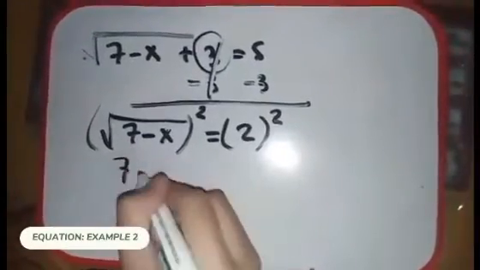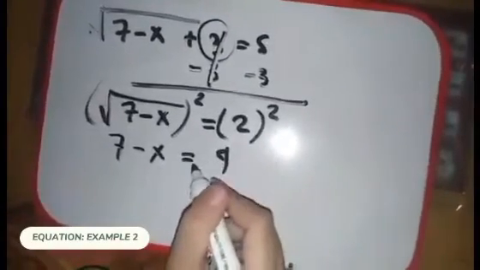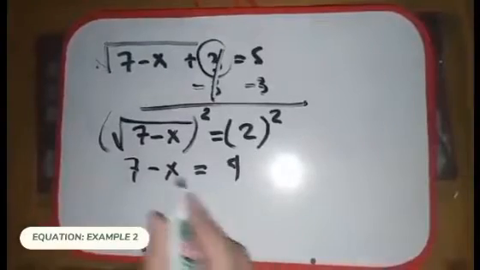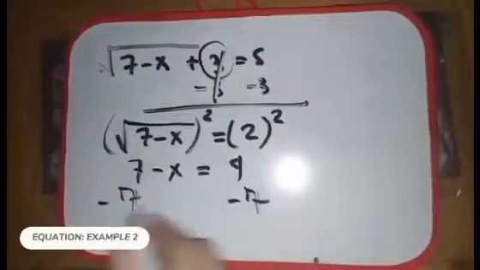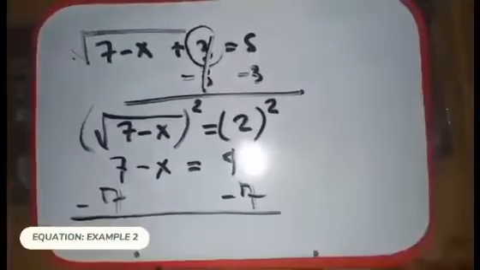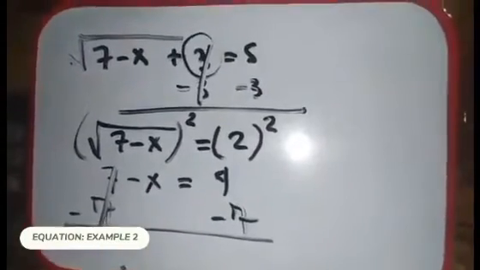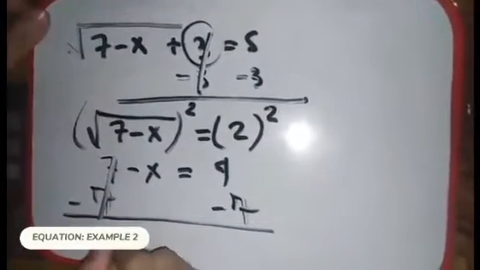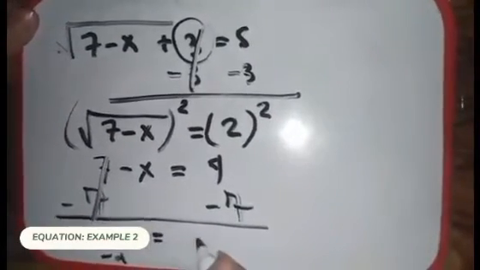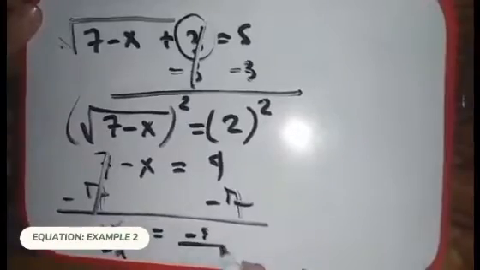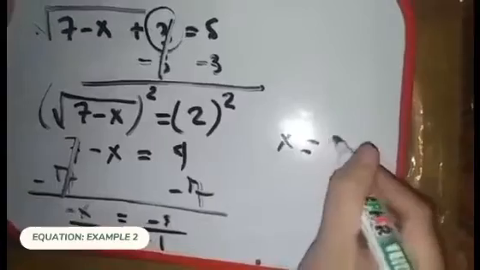So 7 minus x equals 4, since 2 times 2 is 4. We are going to subtract 7 from both sides. Then x equals minus 2. So it should be x equals 3.